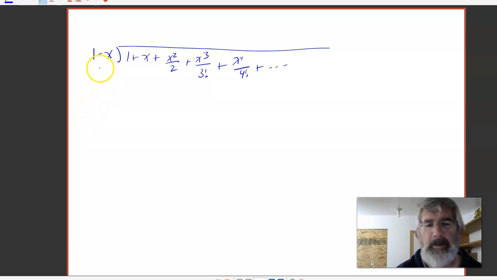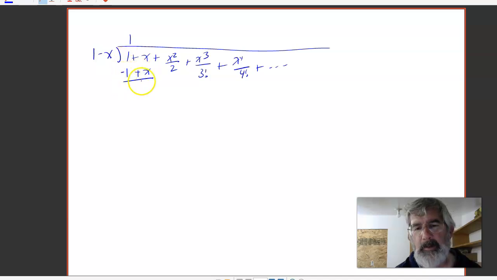And so what I'm going to do is look at the first term here and the first term there, and say, what do I have to multiply 1 by in order to get 1? Well, it's 1. And so now I say 1 times this thing, that's 1 minus x, and then I'm going to subtract. To subtract, I just change the signs and add. So the 1 minus 1 is 0, and then I get a 2x right here.